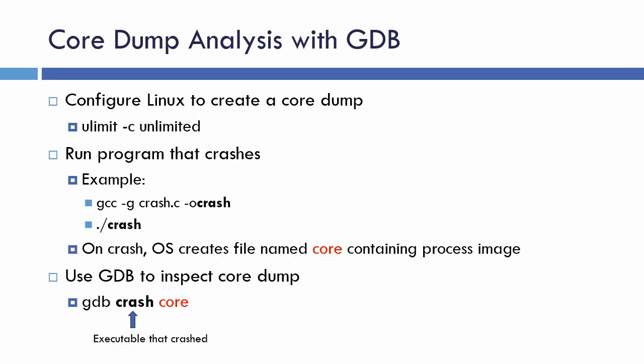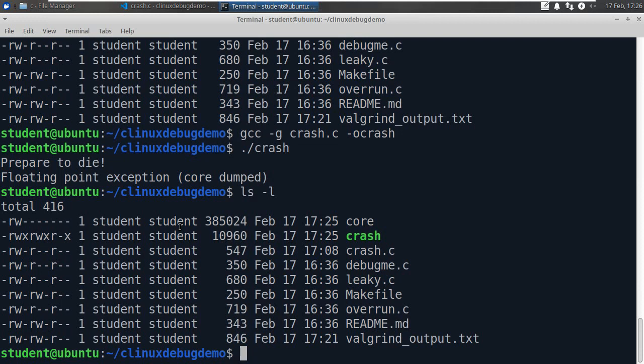Now, once you have your core file, you can use a utility called GDB, which is a debugger tool, to inspect the core dump with a command like this. You type gdb and then the name of the executable that crashed and then the core file.